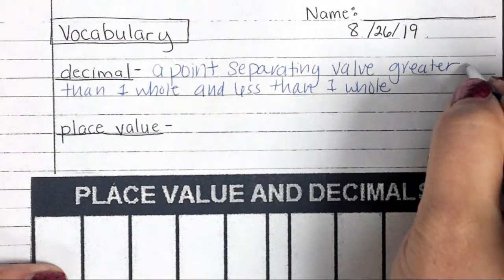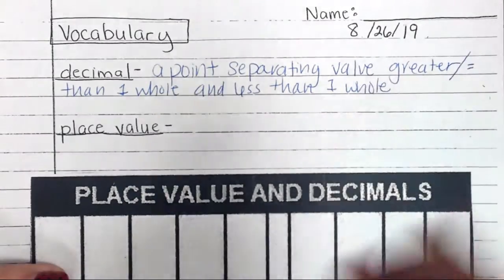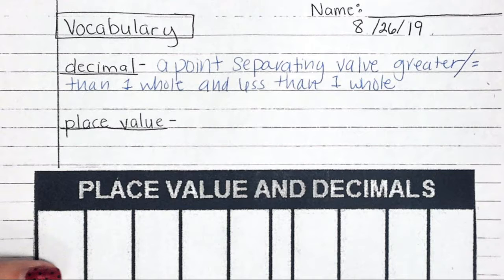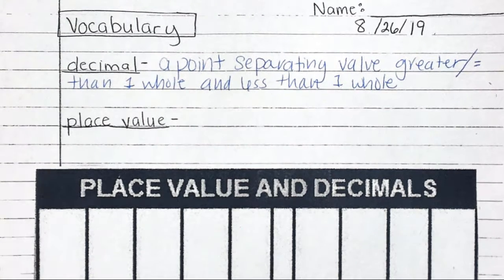That should actually be greater than or equal to one whole and less than one whole. So again, a decimal is a point separating value greater than or equal to one whole and less than one whole.